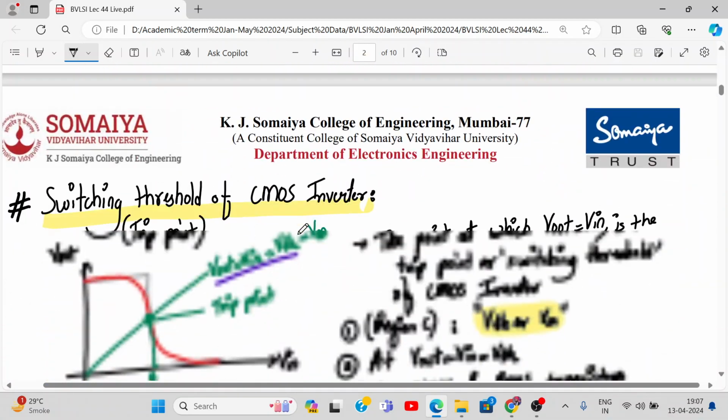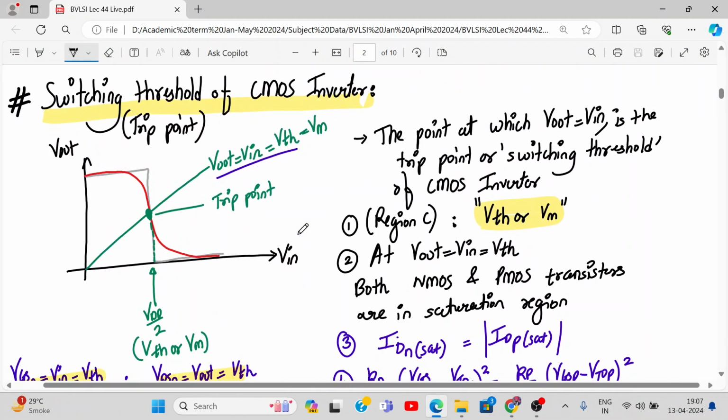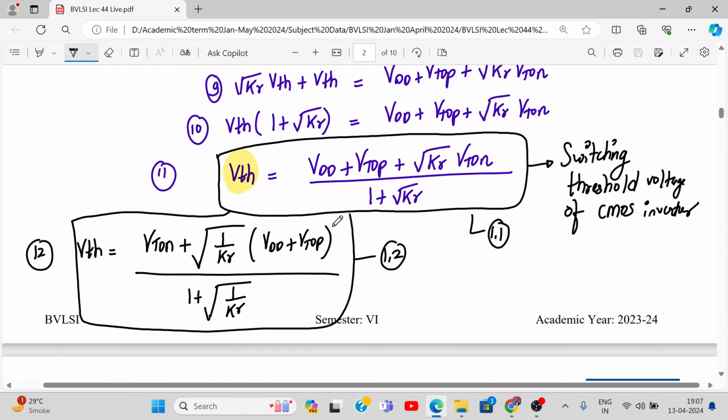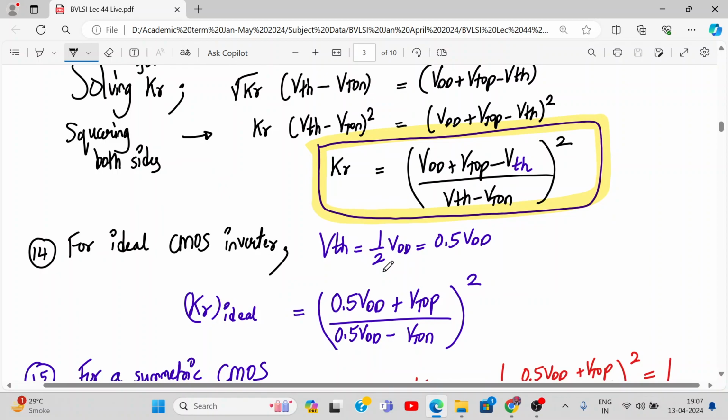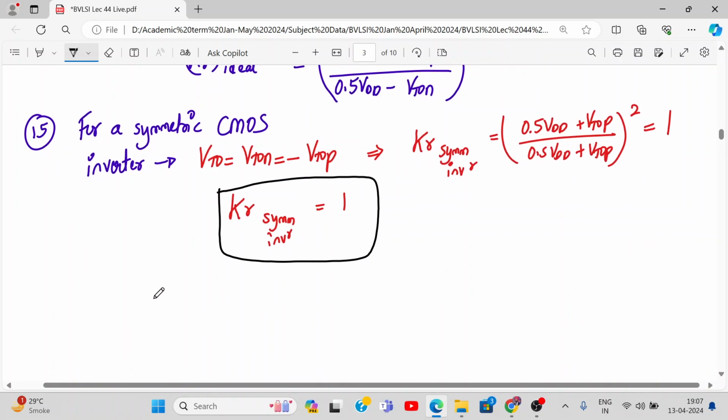Then we derived the switching threshold for the CMOS inverter, which is expression number 1.1 and 1.2. Then we saw the expression for Kr, which I call 1.3. And then we derived that for a symmetric CMOS inverter, the inverter ratio should be 1. Alright, so these are a few observations which we are finding out.